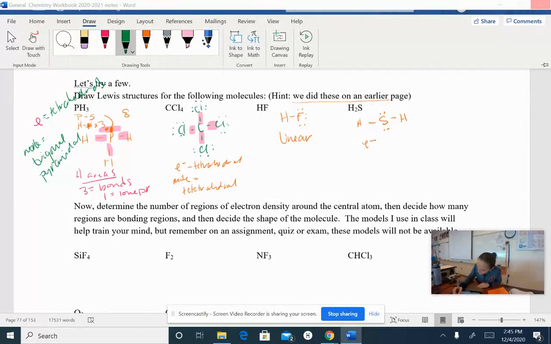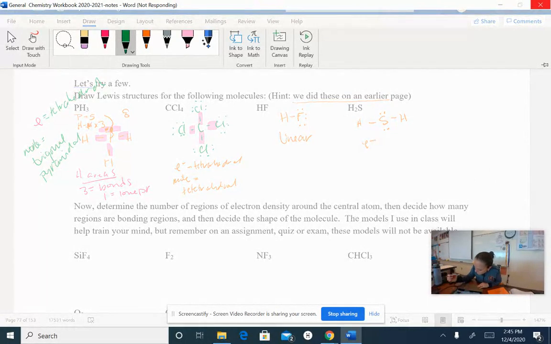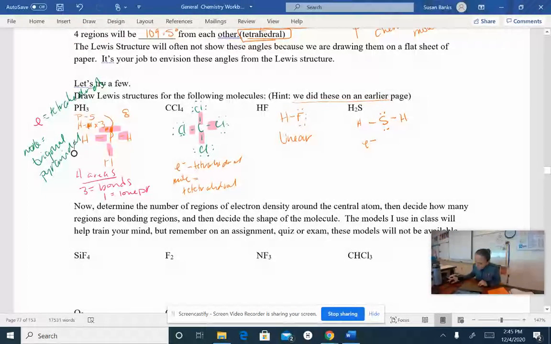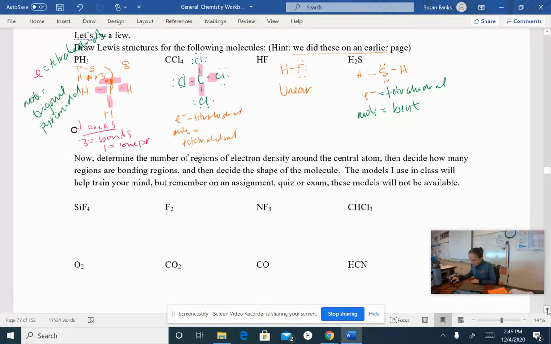So my electron geometry here is tetrahedral. And my molecular geometry is bent. Okay? All right, let's go on to the next.